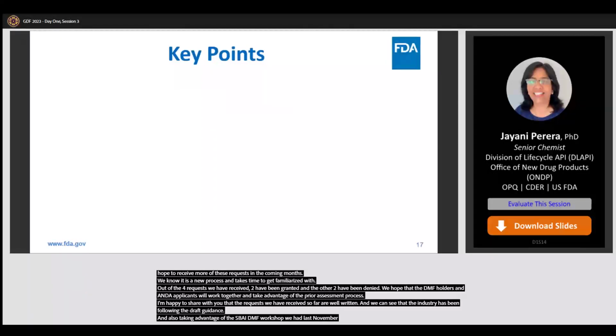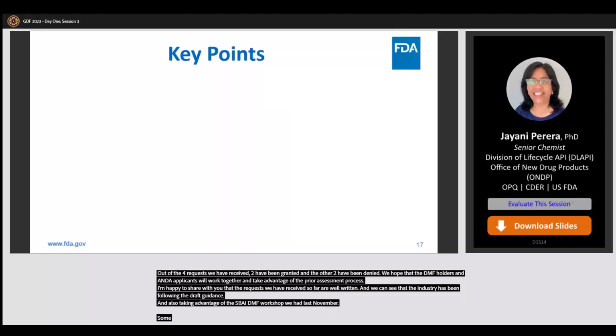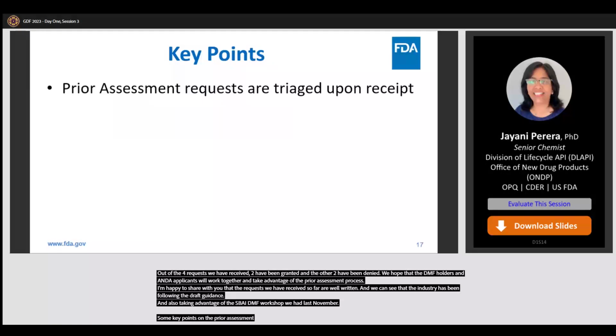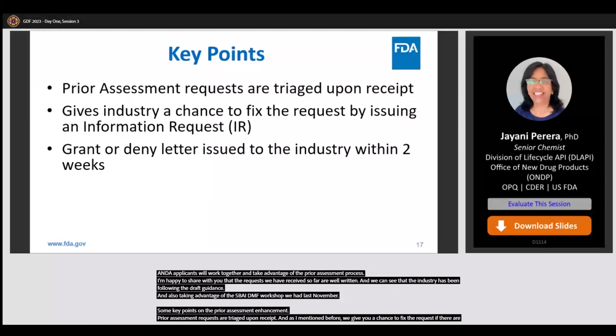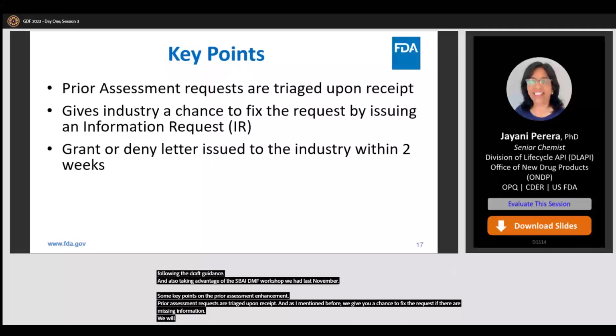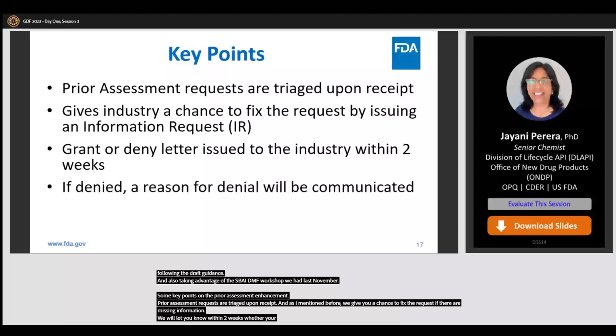Some key points on the prior assessment enhancement. Prior assessment requests are triaged upon receipt. And as I mentioned before, we give you a chance to fix the request if there is missing information. We will let you know within 2 weeks whether your request is granted or denied.